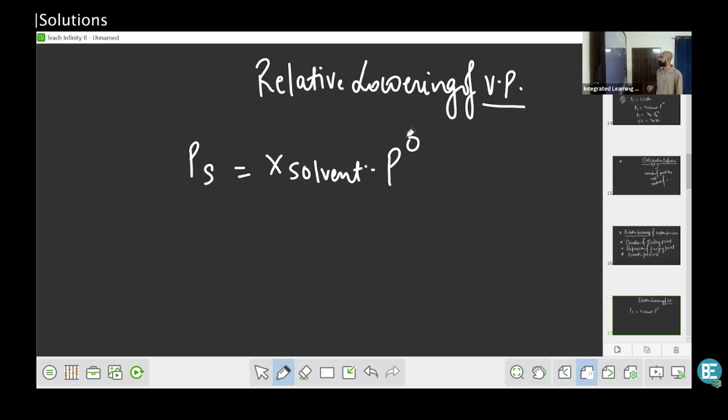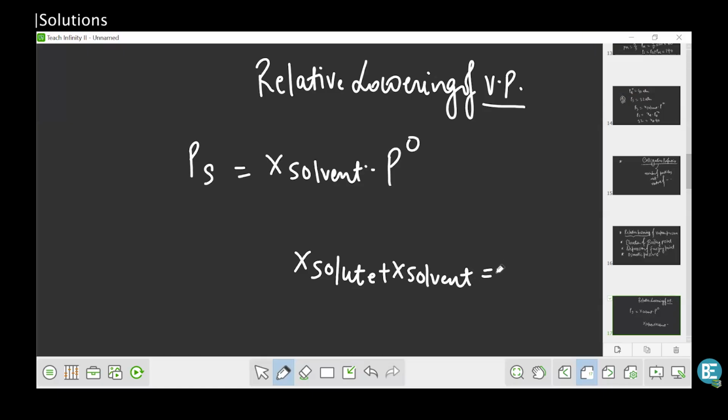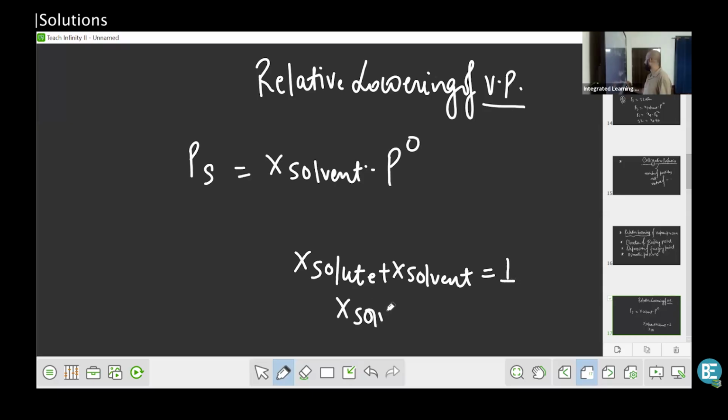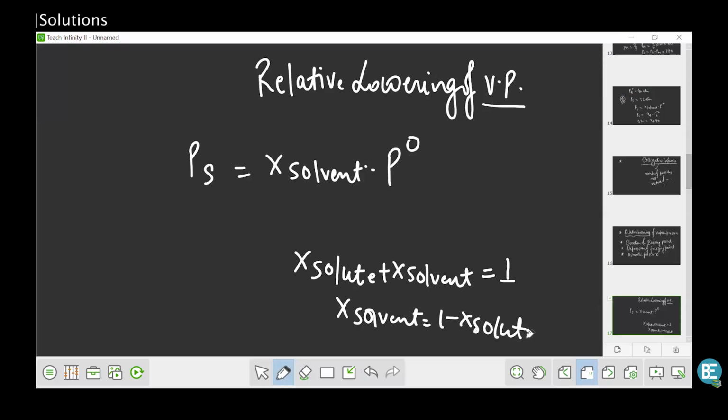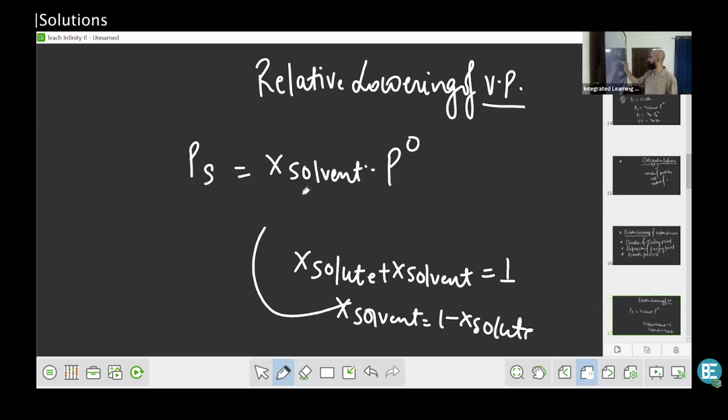Tell me what will be the value of X solute plus X solvent? 1. So can I write in place of X solvent, 1 minus X solute? Put the value here.